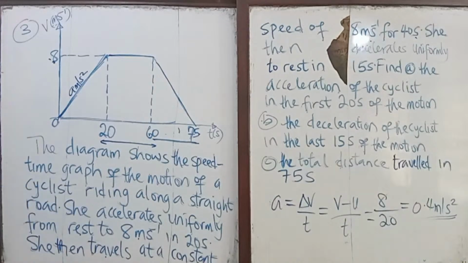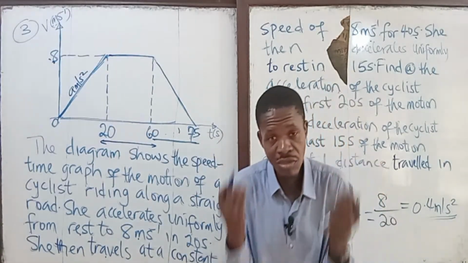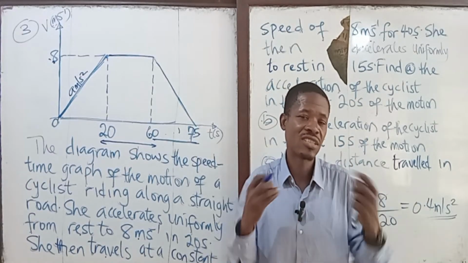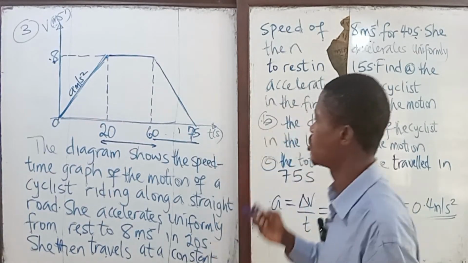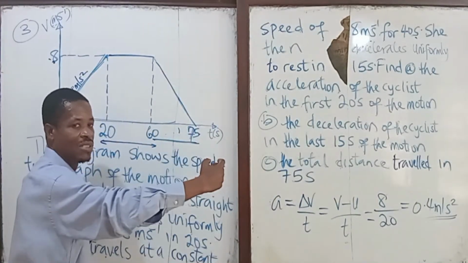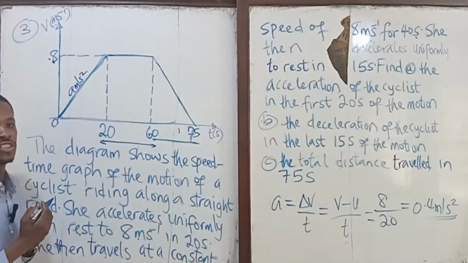Then when you're talking of retardation or deceleration, that is when the body is coming to rest. Deceleration is when the body is coming to rest, and that can be gotten in this triangle. The last triangle will give you deceleration. The first triangle, you can get your acceleration.